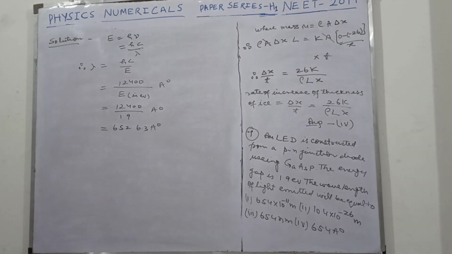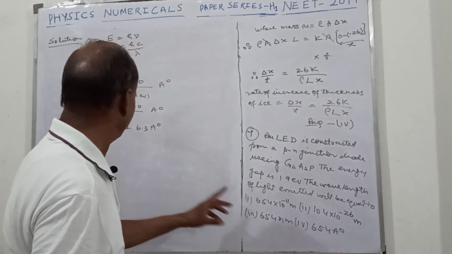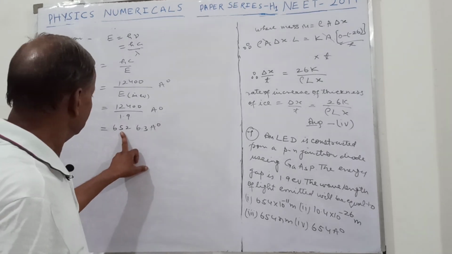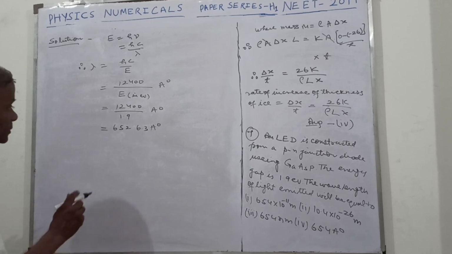Now you can see that the answer here has 3 digits, 654, 653.